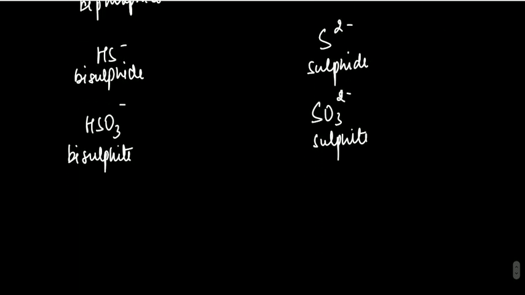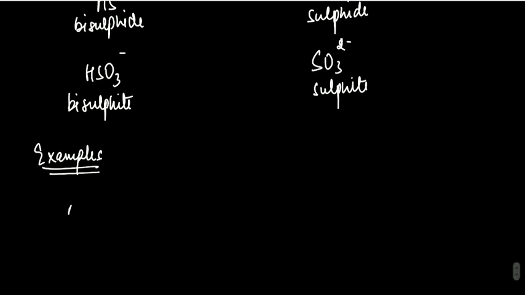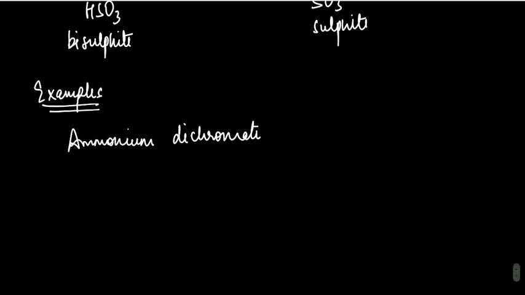Now coming to some examples of chemical formula. So if I write ammonium dichromate, ammonium is NH4. We write ammonium like this, NH4 plus. This plus indicates just one valency.